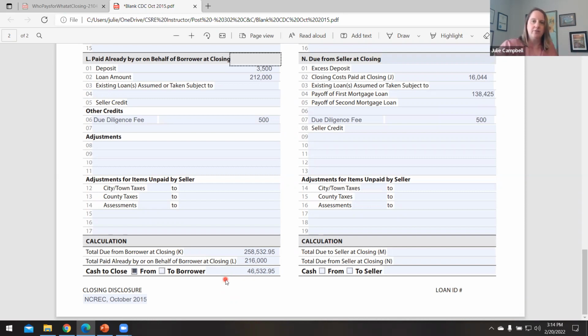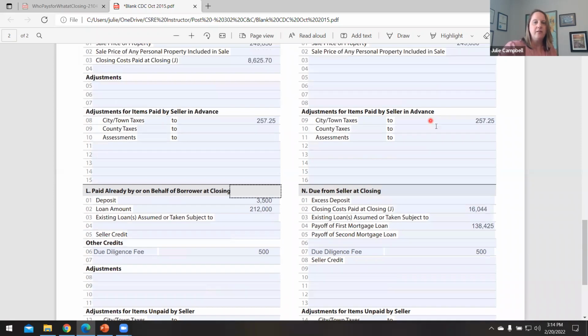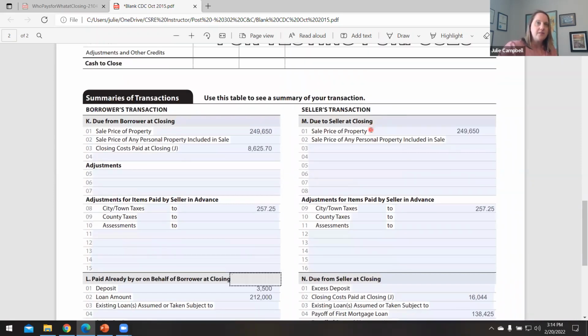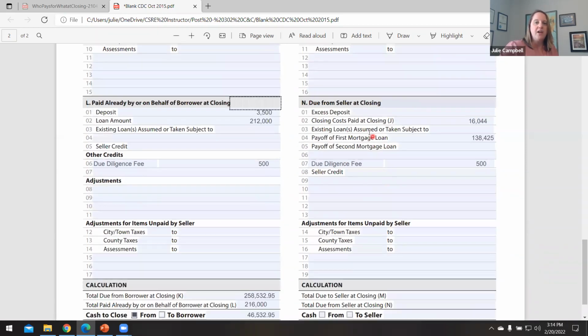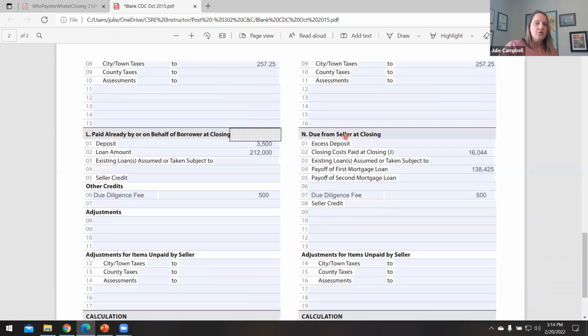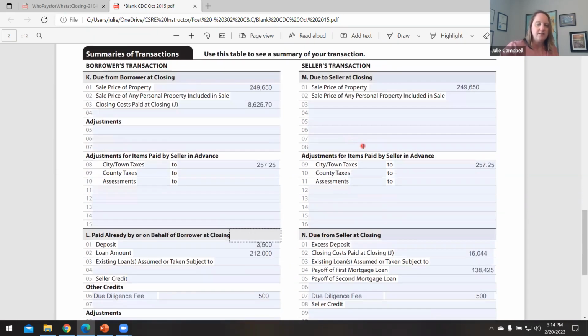Now let's look at the sellers. Sellers are on the right. Their credits are M as in Mary, due to the seller at settlement. All of their debits are N as in Nancy, due from the seller. So money coming in are their credits.